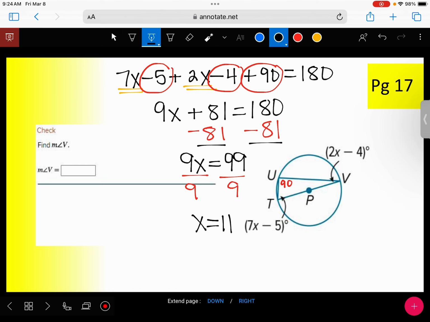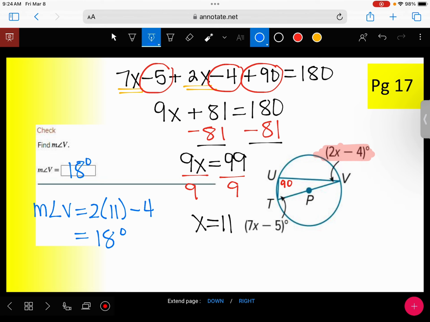No, because they want us to find the measurement of angle V. And that would be this one right here. So we're going to take that. So we have the measure of angle V is 2 times 11 minus 4. And 2 times 11 is 22, and 22 minus 4 is 18 degrees. So that would be the final answer that we're looking for.